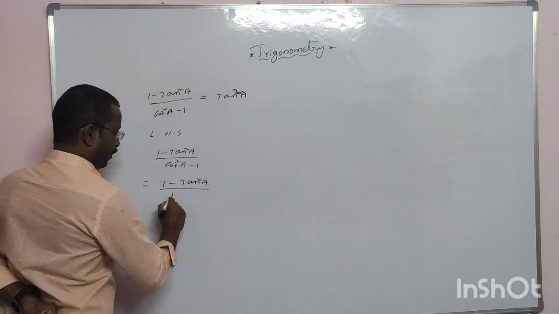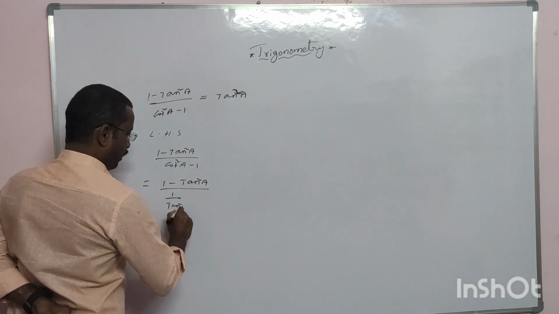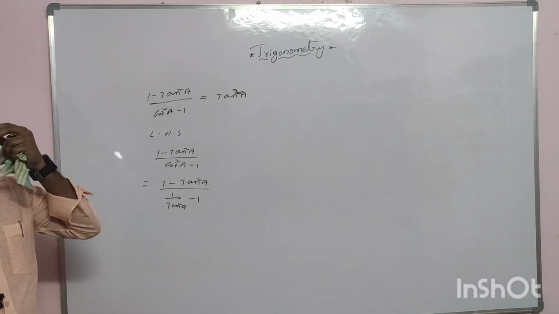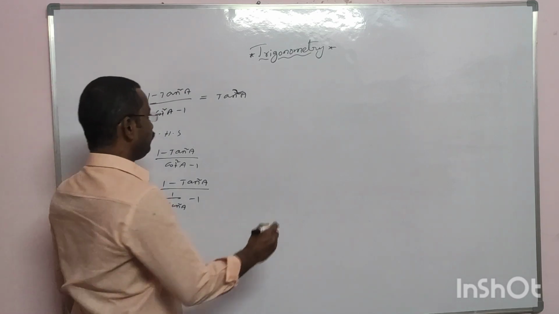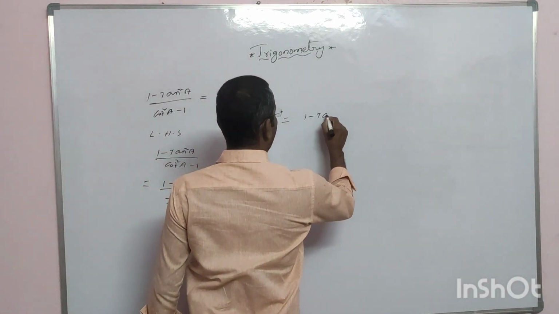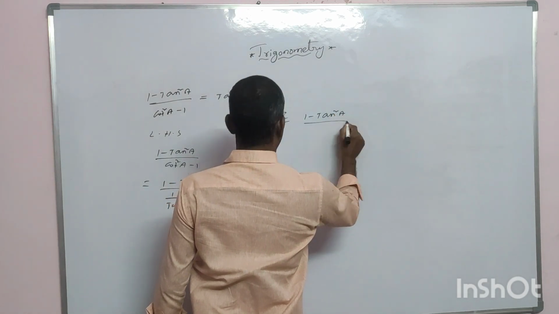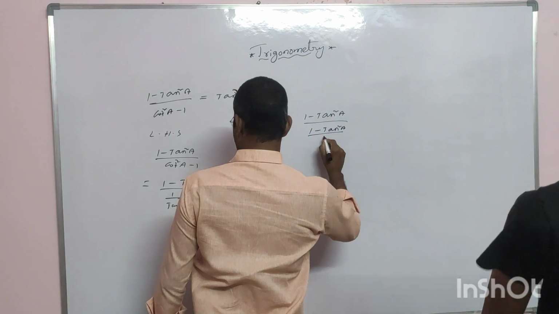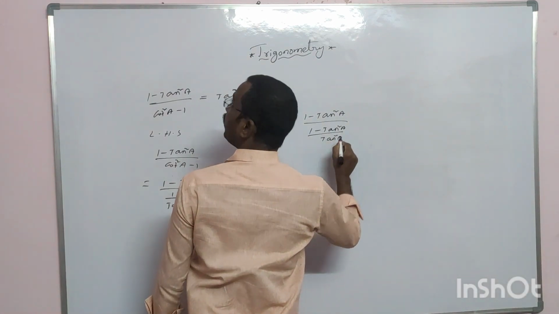Cosec square A can be written as 1 by tan square A, so it becomes 1 by tan square A minus 1, because cot means 1 by tan theta.